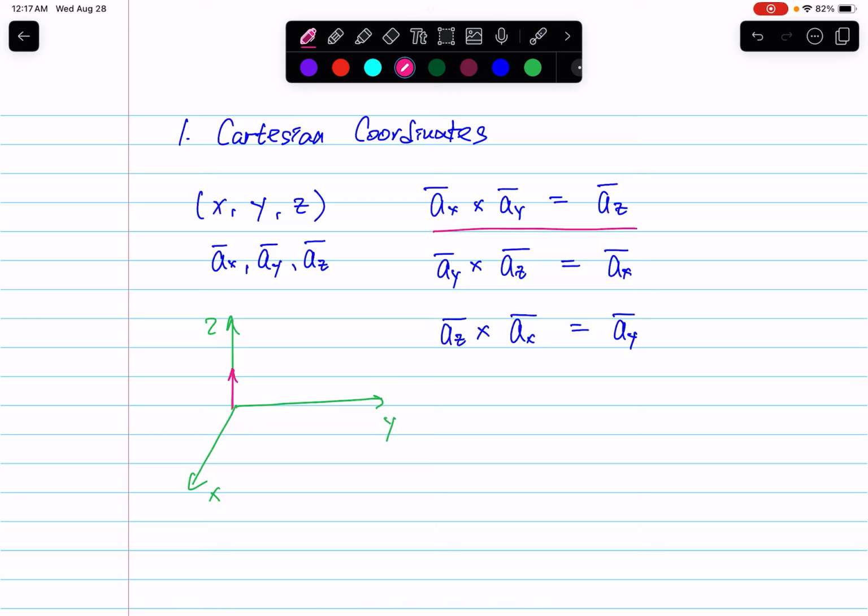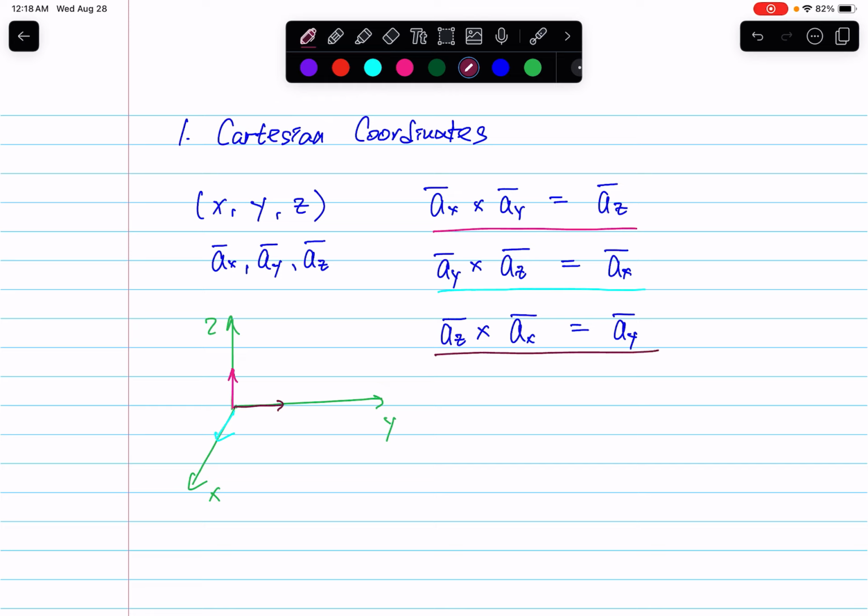And if we do the same with Y and Z, if you grab Y and end at Z, the normal vector will be this cyan color. And if you grab Z and end at X, then you will have this maroon color pointing towards the Y direction.